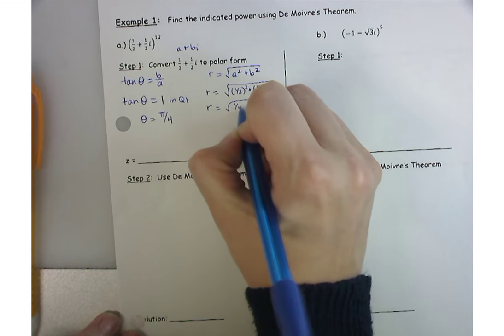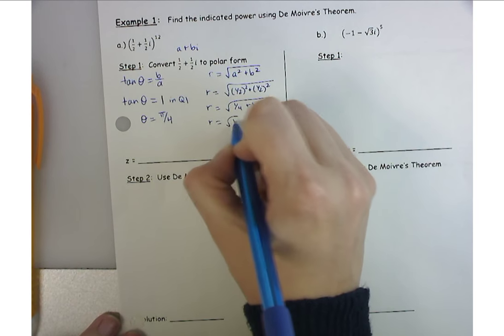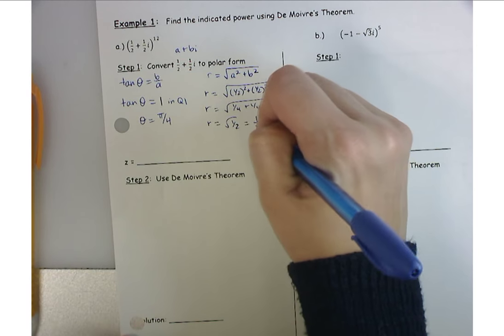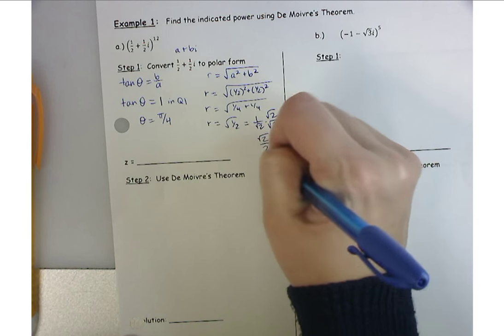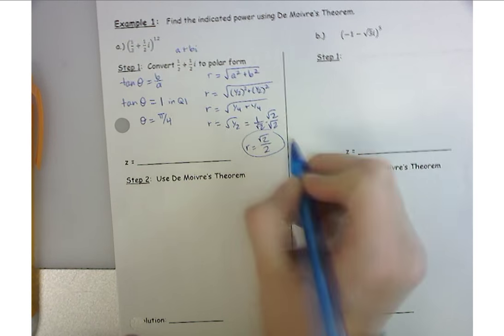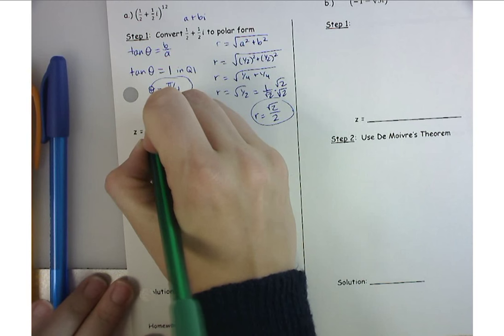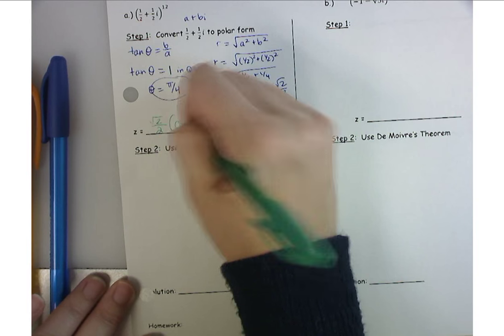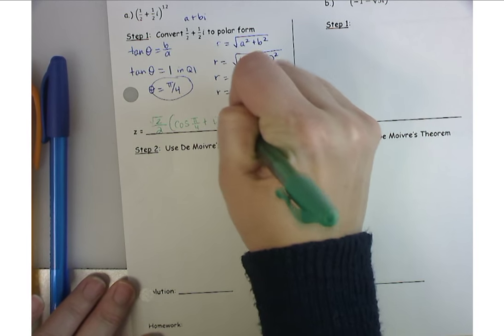So 1/4 plus 1/4 is 2/4, which is 1/2. And then we can just rationalize. The square root of 1/2 is 1 over root 2. We can multiply the top and the bottom by root 2. So we'll get root 2 over 2. That's my r value. Okay, so then my polar form would be root 2 over 2 times the cosine of pi over 4 plus i sine of pi over 4.